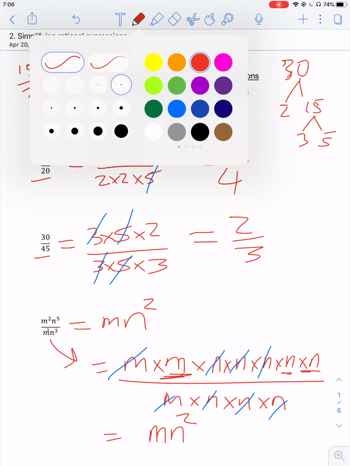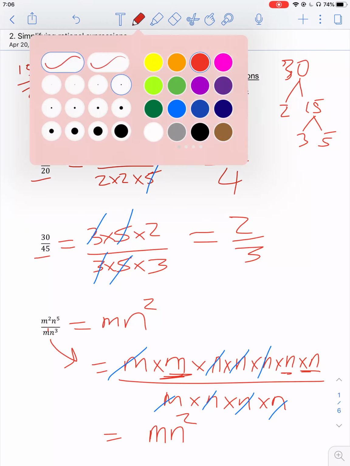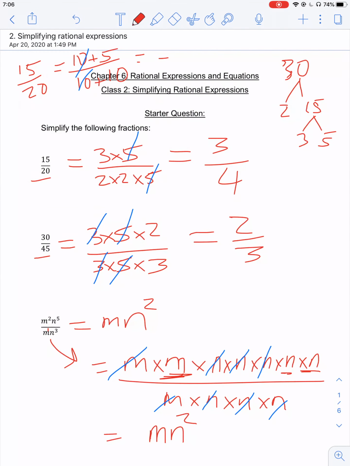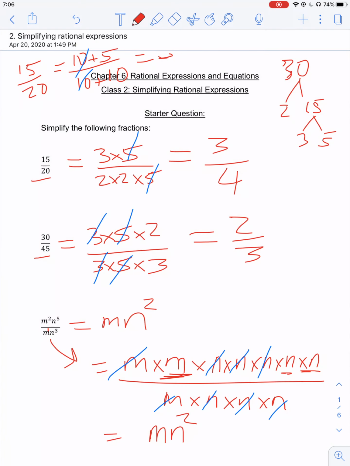I cannot cancel the 10s out, because if I do, that leaves me with 5 over 10. But 15 over 20 is 3 over 4. It's not 5 over 10, which is equal to a half. So as you can see, this crossing out business does not work when you have an addition. Okay, it only works when everything is a product. So don't do that.